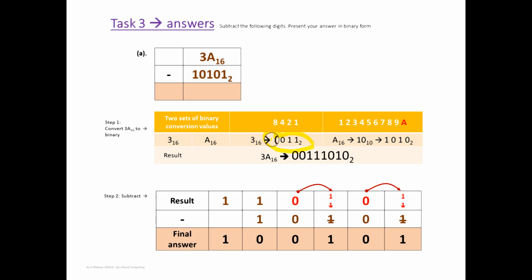That is 3, for that part of your hexadecimal value, and A is a 10, so it's 1 0 1 0. So we have 0 0 1 1 1 0 1 0.